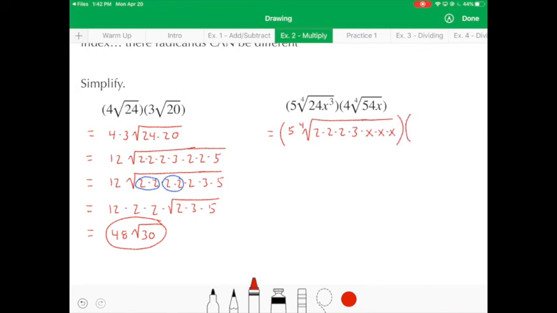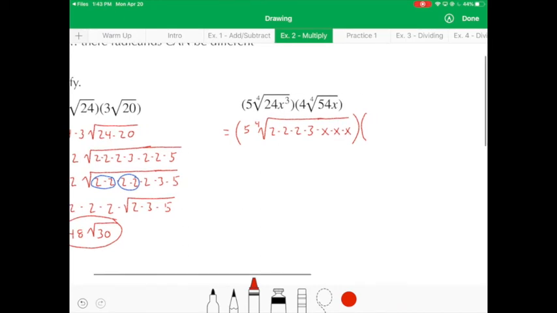And I want you to notice that the index on that radical is 4, and once you have the factorization here, see there's nothing that is repeated 4 times. So that radical in itself doesn't simplify. Okay, now let's do the same thing with the next radical expression. I have the 4, and then 4th root.